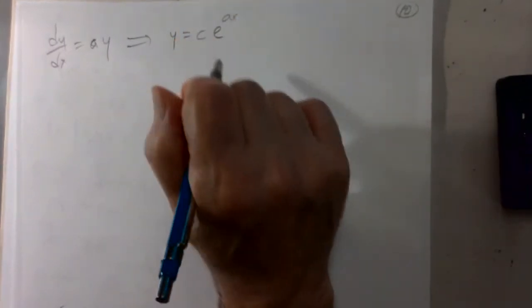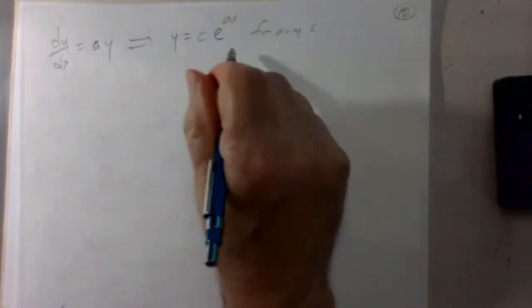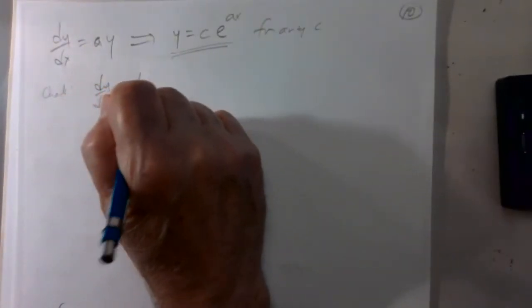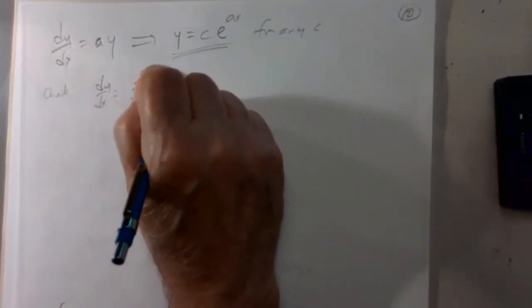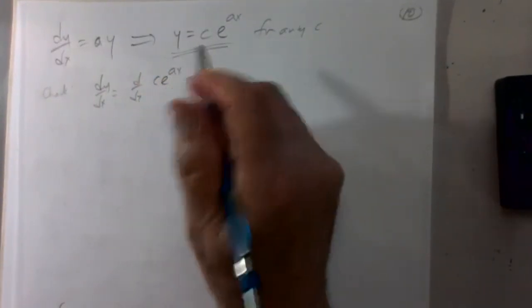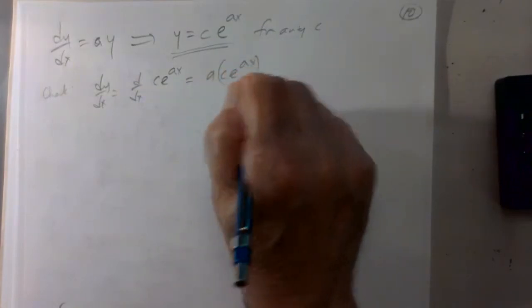And you can multiply that by any constant c. And why is this a solution? Well, check. dy dx is the derivative with respect to x of c e to the ax. When you differentiate e to the ax, you get an a e to the ax. So this is ac e to the ax. This is y, so this is a times y.